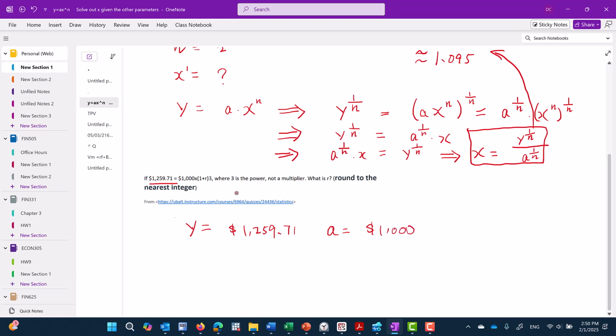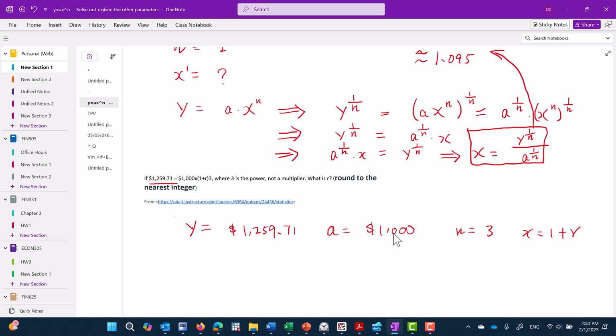If you go back to that equation, y equals a times x raised to the power of n, so a equals 1,000. And what about n? n in this example equals 3. So what about x? x in this example equals 1 plus r. So once you solve out this x, you can easily get r, right, by subtracting 1 from x.